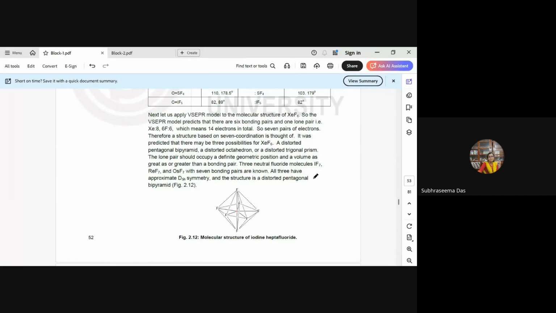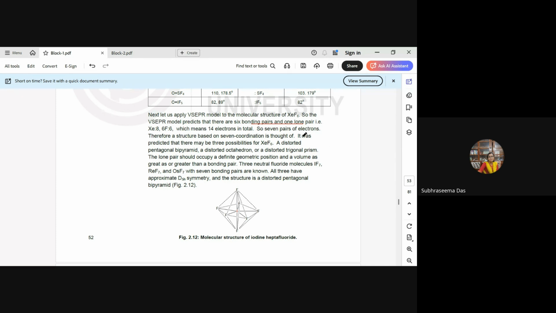Then let us apply the VSEPR model to the molecular structure of xenon hexafluoride. The VSEPR model predicts that for the molecule XeF6, that is xenon hexafluoride, there are 6 bonding pairs and 1 lone pair. If we consider the total number of electrons, that is 14, the total number of electron pairs is 7.